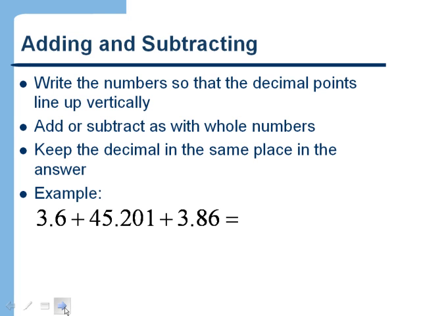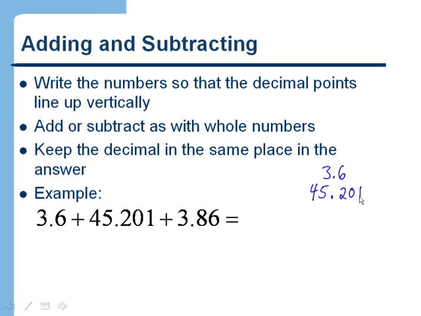Let's say that I want to add up these 3 numbers that all have decimals. So the first thing I want to do is write the numbers so that the decimal points line up vertically. So I have 3.6, and I want to add to that 45.201. And you'll notice that I made sure to line up the decimal points.